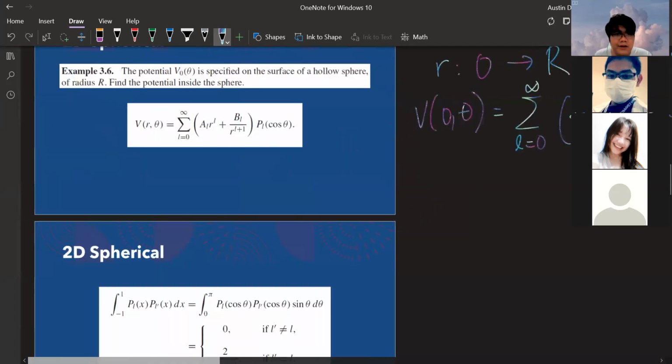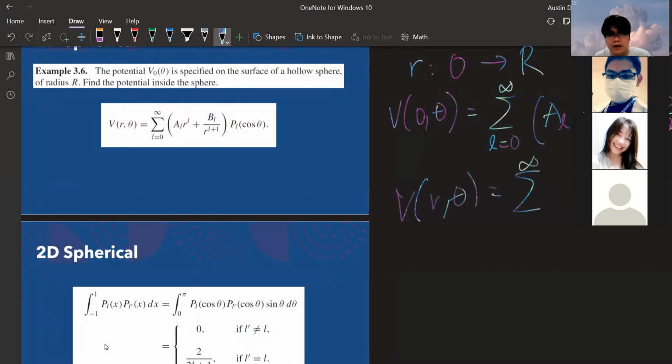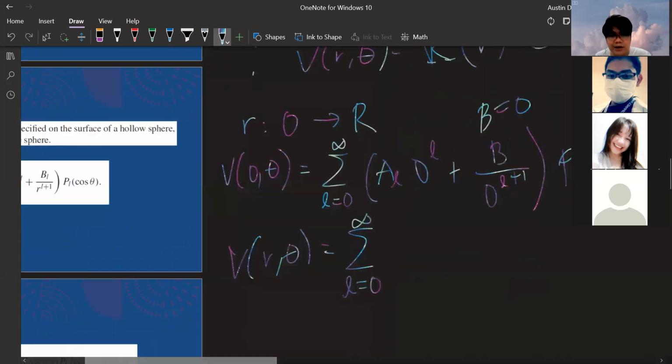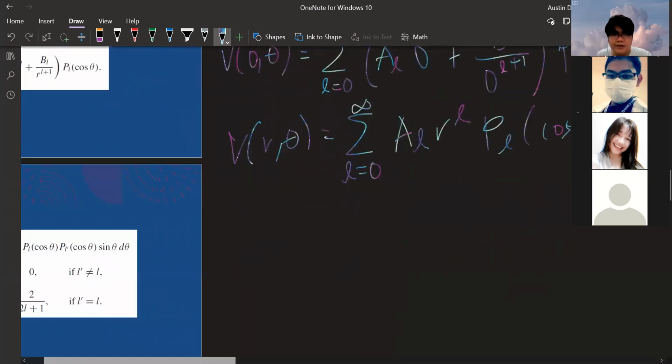Kuha. Then I'm left with V of r theta, sum from L equals 0 to infinity. Then yung matitira na lang sa akin is A_L r raised to L P_L cos theta. Okay, nawala na si B. Kasi magbo-blow up siya whenever r is 0.